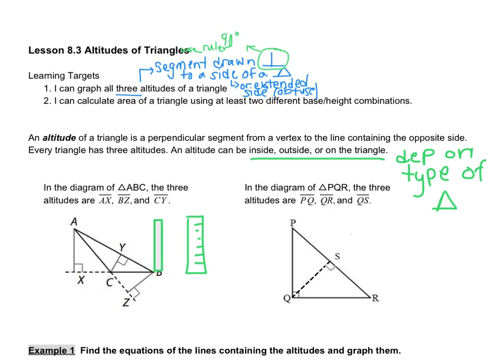And so the bottom edge is going to slide along the side that we want the altitude to, but obviously we get to the end here at C and there's no more side left, but we haven't yet gotten to point A, which is our target right here. We need to get to A. So what we have to do, as you can see, is extend that side a little bit farther than point C. And that will allow us to keep sliding our ruler along.